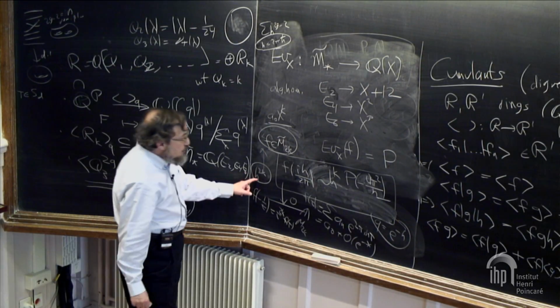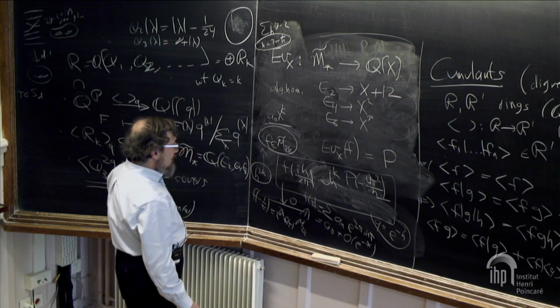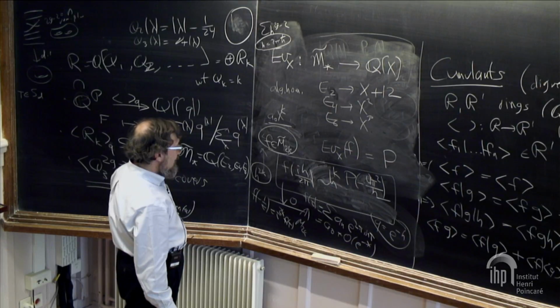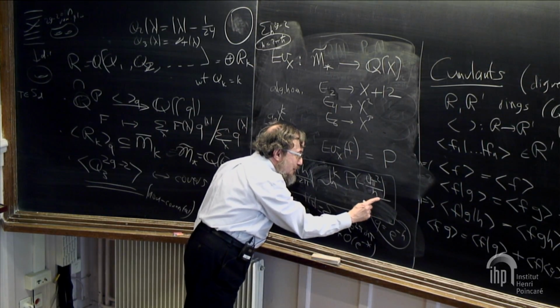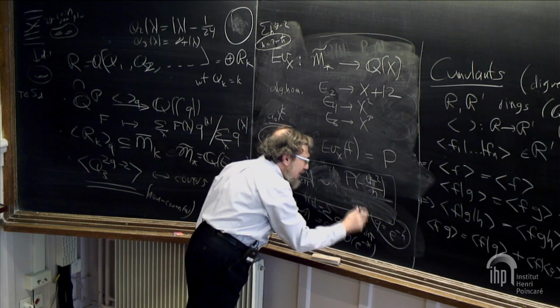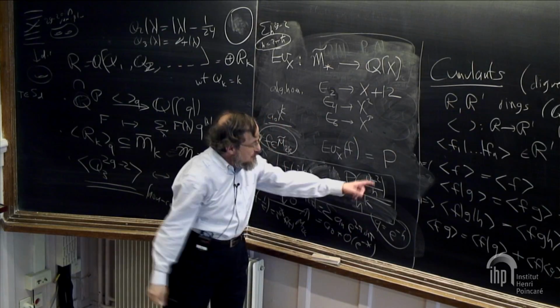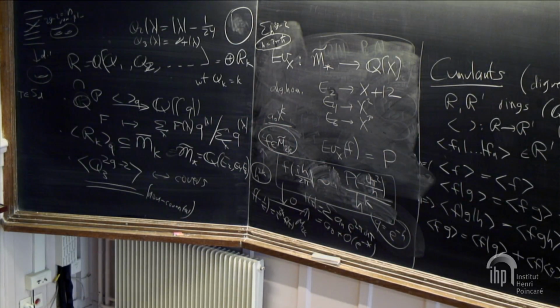So it would grow like h to the 2k. That's right. This polynomial has degree k, so it starts like 1 over h to the k, and then you divide again, so it's like 1 over h to the 2k, which is the correct growth.